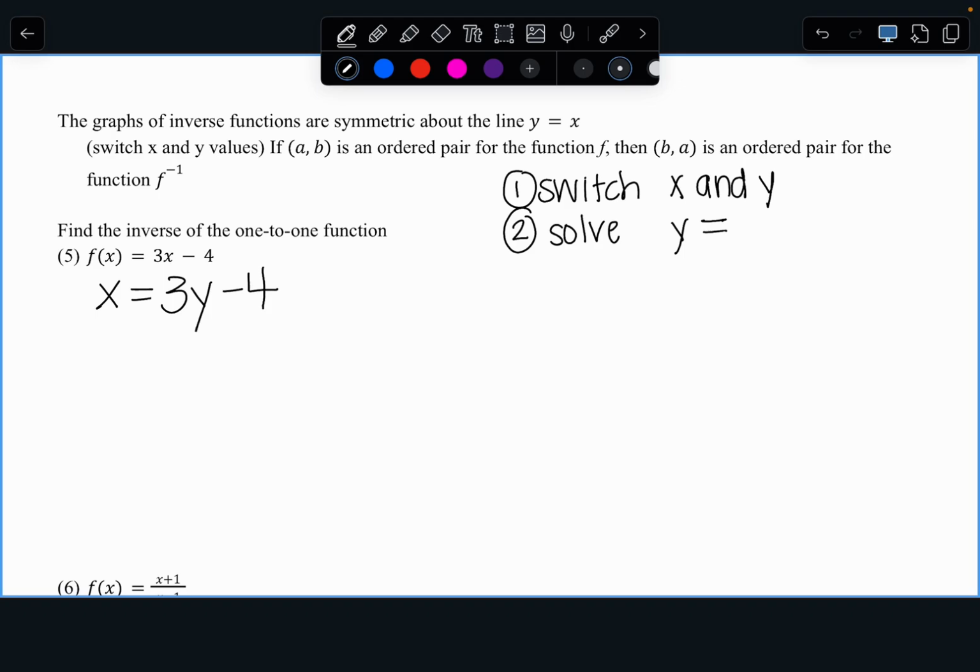So, first step, switch x and y. Second step, get y by itself.